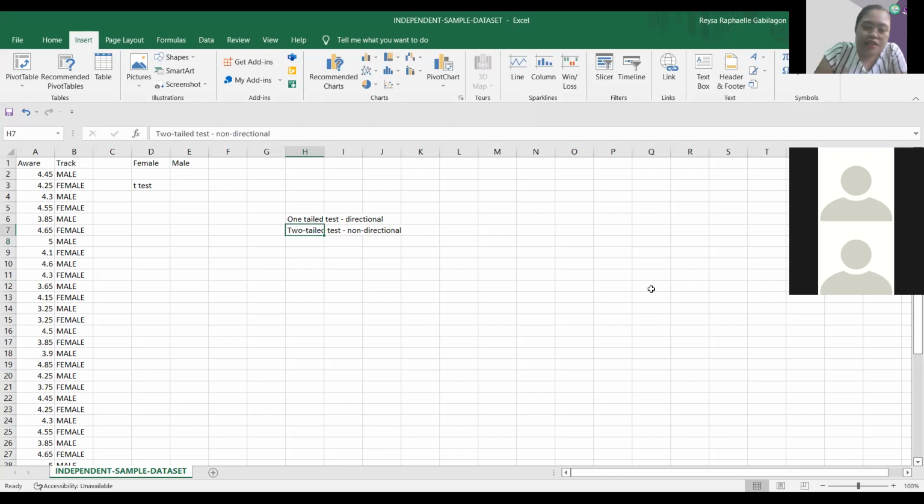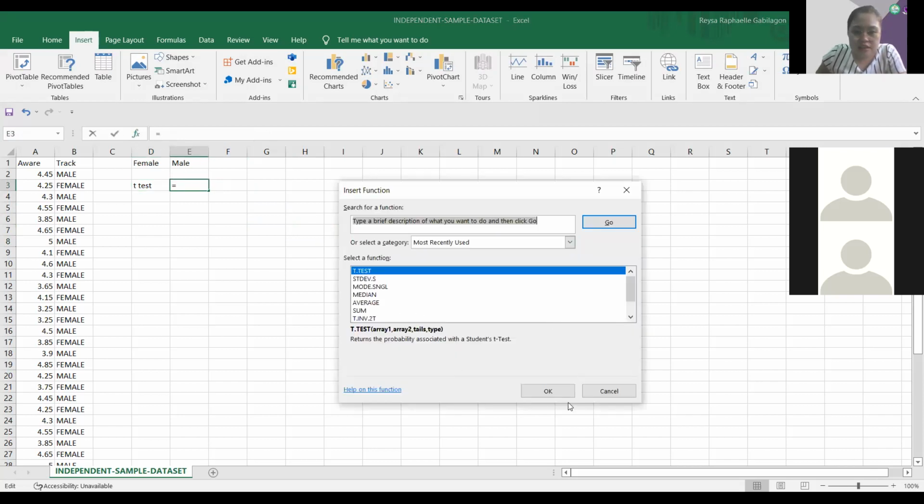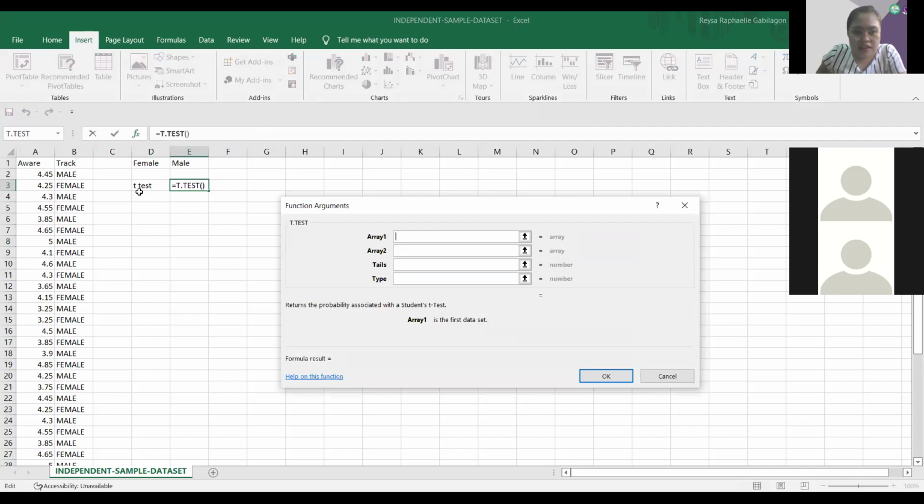So in the case kasi of our t-test here, pag i-click mo kasi siya, t-test, and then na-highlight mo na lahat ng cells dyan nakasali sa group 1, na-highlight na din yung lahat for the group 2. Pipiliin mo kasi ngayon if you're going to do a one-tailed test or a two-tailed distribution.